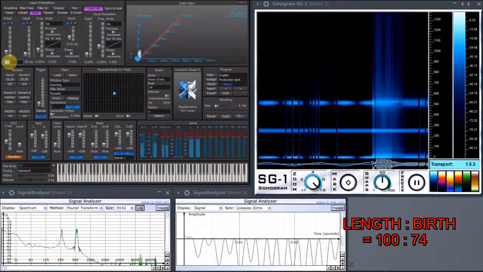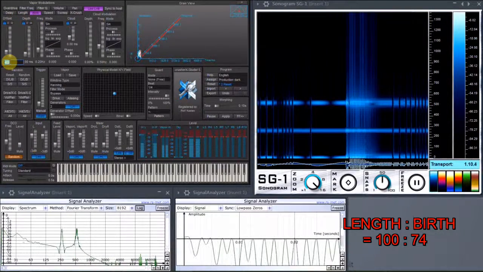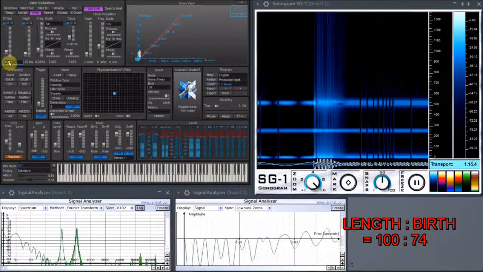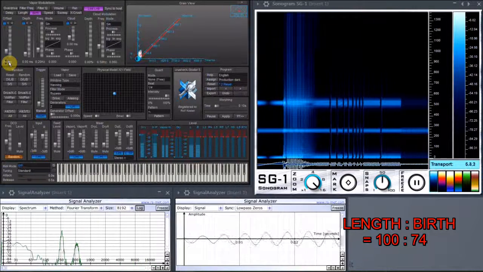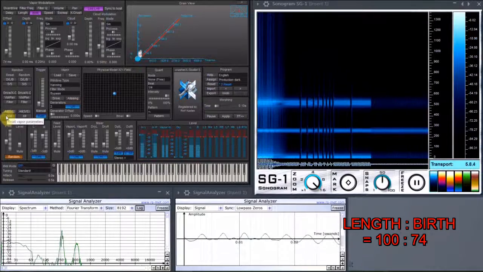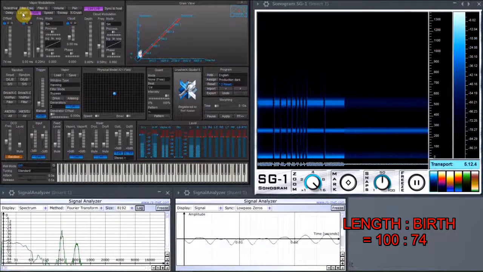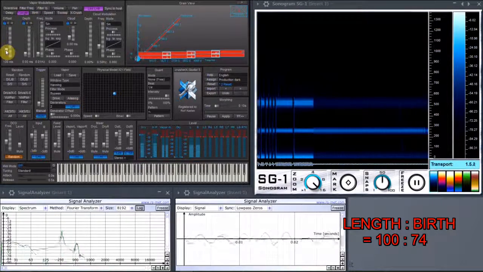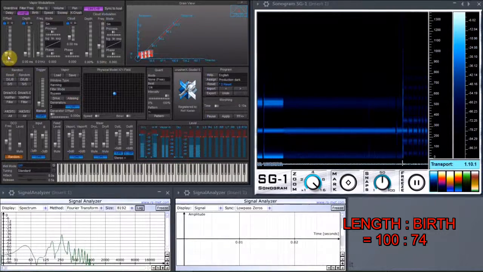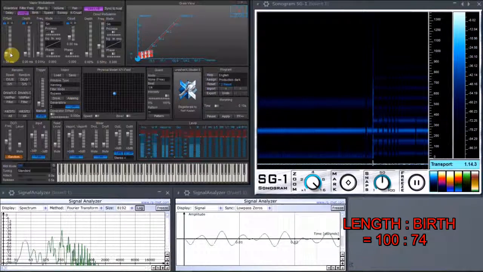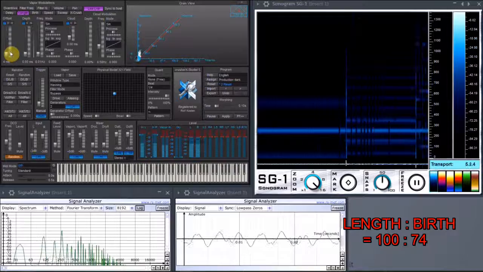Only 26% of the grains overlap now. With grain lengths of 1 to 3 milliseconds, the sound has the character of silence.